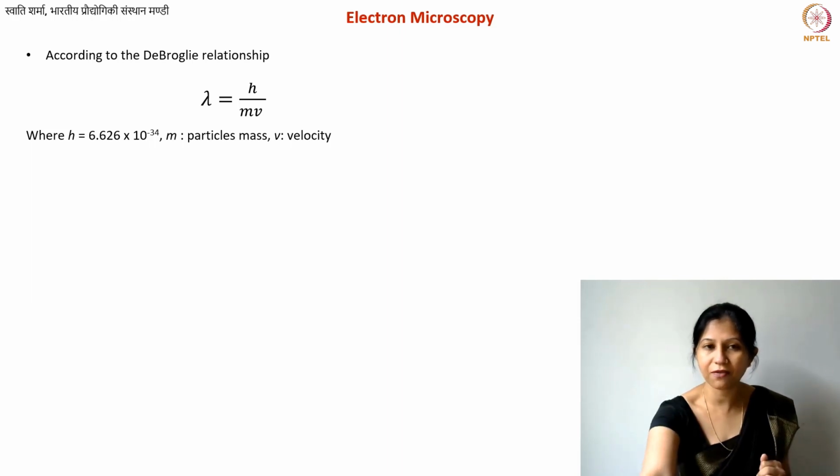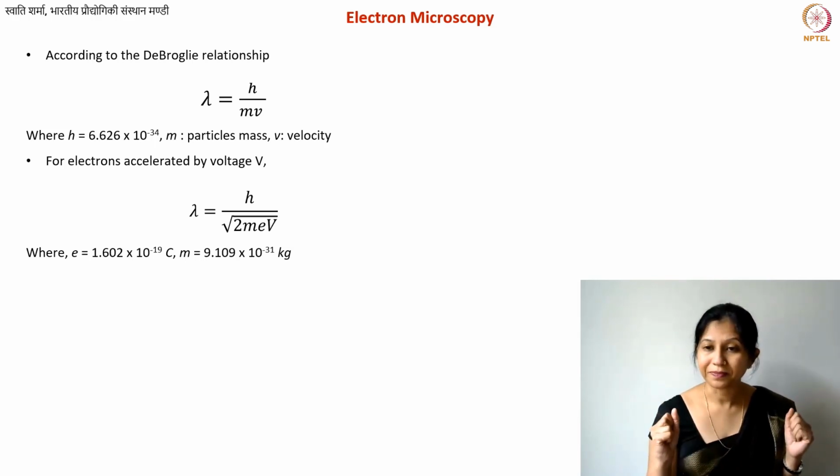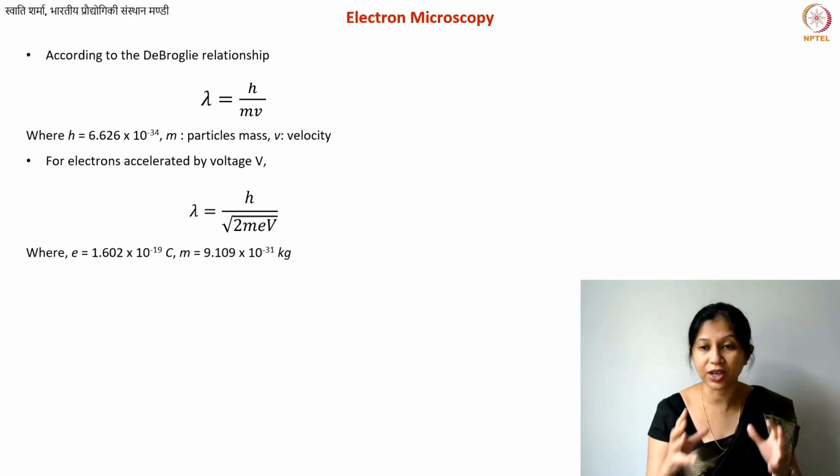So this is something very fundamental. Now, if I take electrons that are accelerated by some voltage V, this is also very simple: you divide h by the square root of 2meV, because these are accelerated particles. So this is what your relationship changes to.